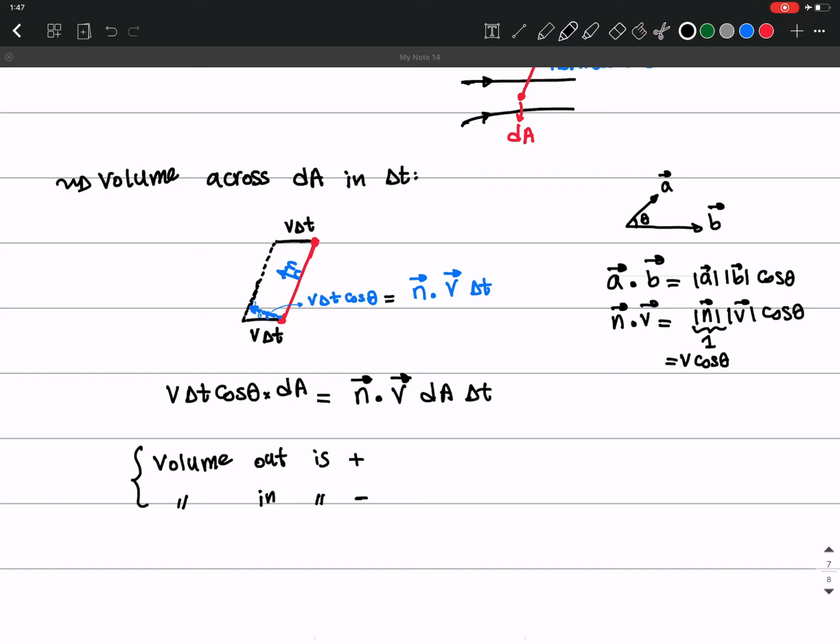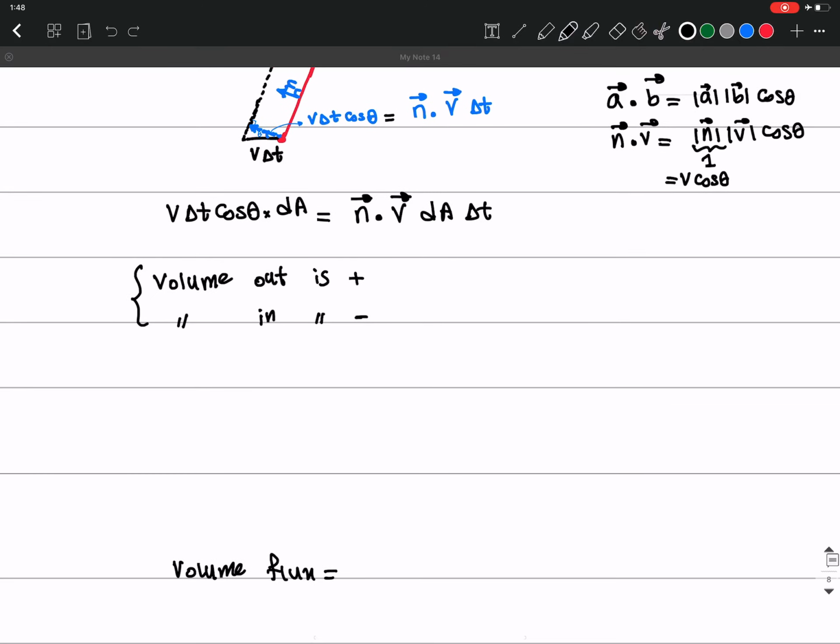So this is volume across dA in delta t. So in order to calculate the flux of volume, we just need to see how much of it is being transported across A per unit time. So we just need to divide this by delta t to get the volume flux. So it's just going to be n dot V dA.